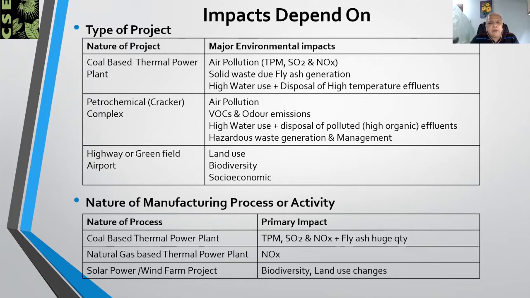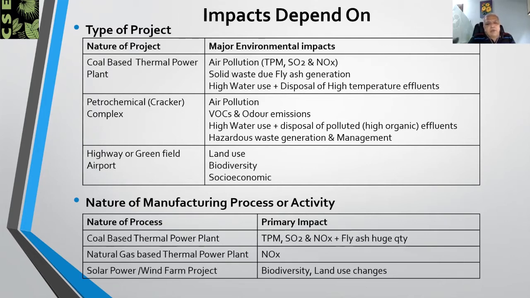In fact, you may have a power generation based upon coal, which will result in generation of particulate, sulfur dioxide, and nitrogen oxide, plus generation of huge amounts of fly ash. Whereas a power plant which is based upon natural gas may have a major pollutant of only NOx, nitrogen oxides.